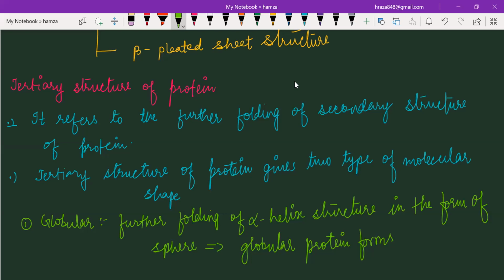Done, sir. Yes, sir. Very good. Now we are going to talk about the other shape, fibrous. So further folding of beta plated sheet, that is fibrous.